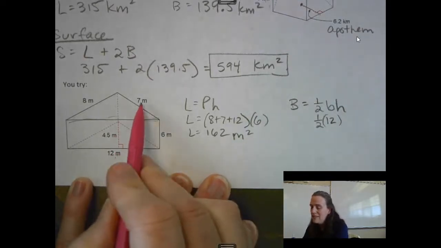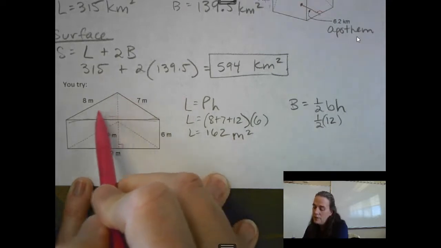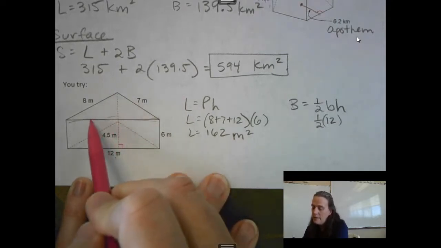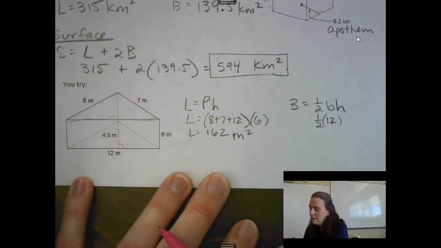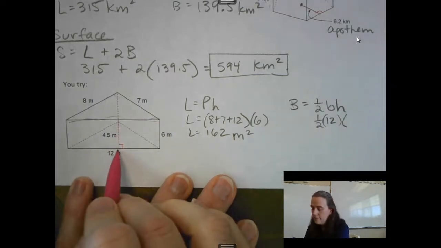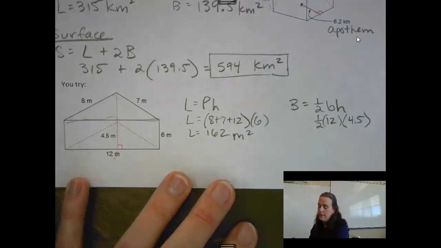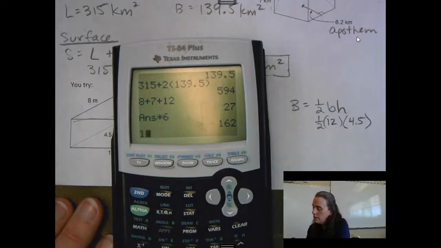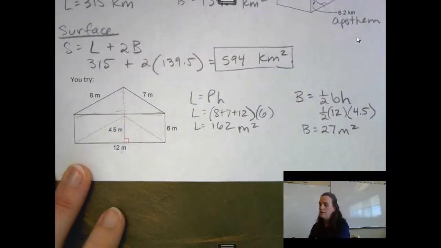If I had picked base 7, they didn't tell us that's a right angle, so we don't really know for sure the perpendicular height from there up to the top. If they'd put a right angle there, we could have used that, but they did not. So this is our base, and we know this is the height of this triangle, 4.5. Let's find out what that is. 12 times 4.5 divided by 2. Did you get 27? 27 meters squared.